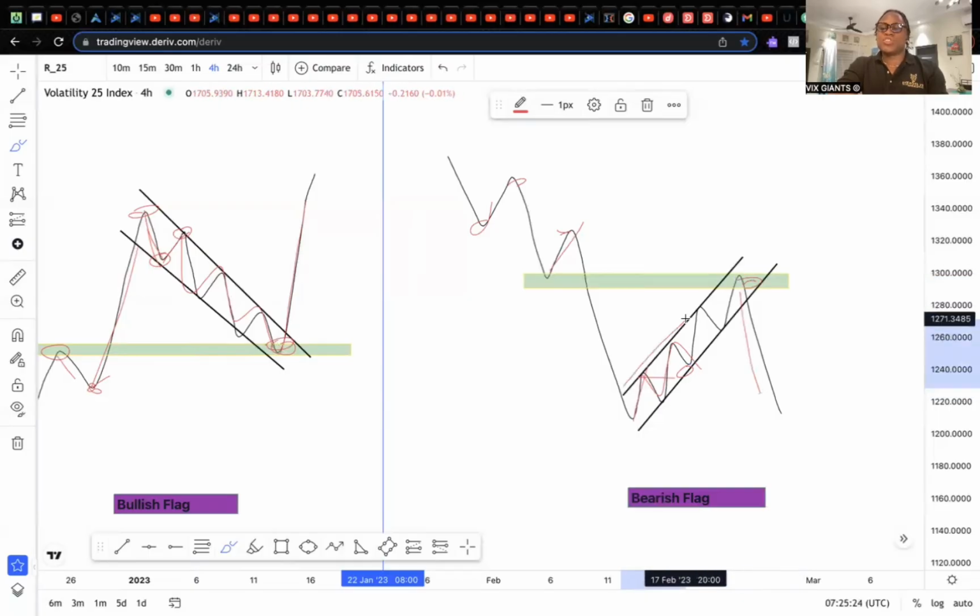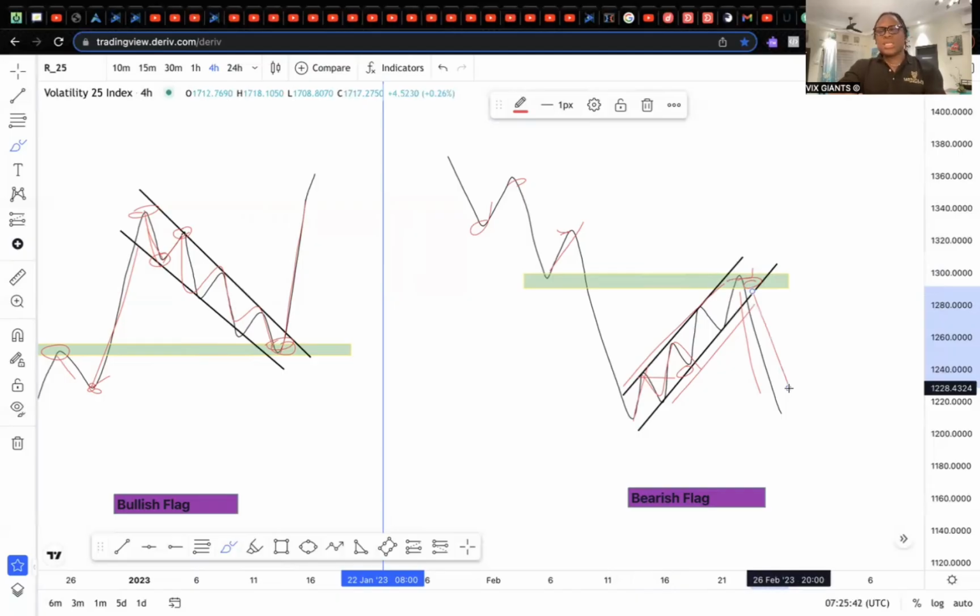So in this sense, if we drop a trend line on the top and one on the bottom, we will realize that the market is moving in a bullish channel to get us back to the zone, and then usually we break out to the downside following that type of movement.